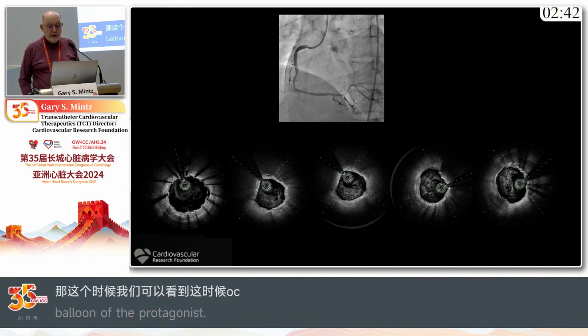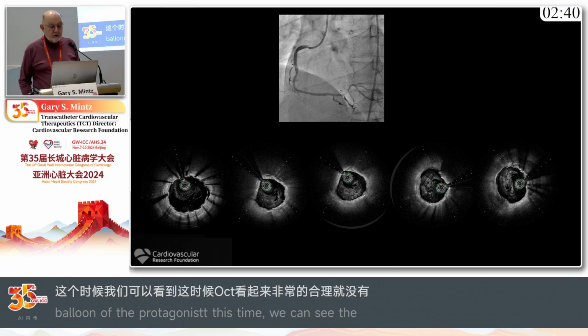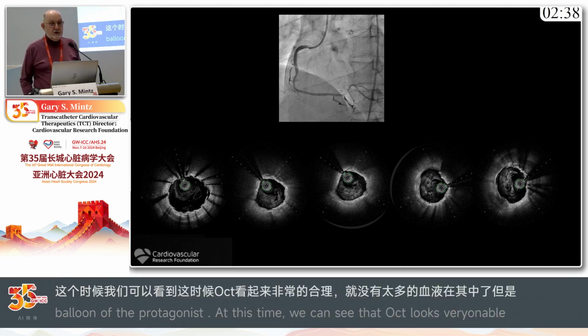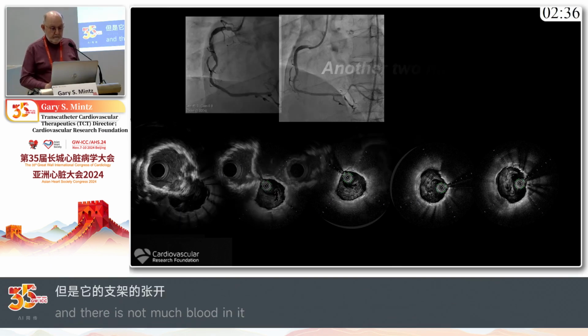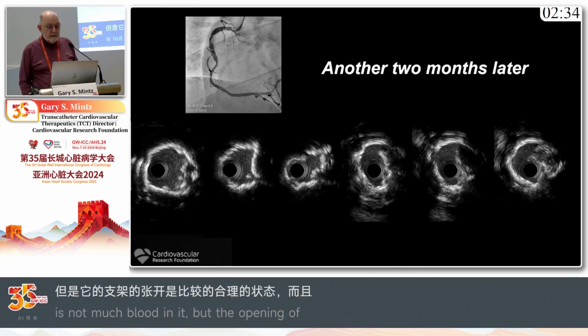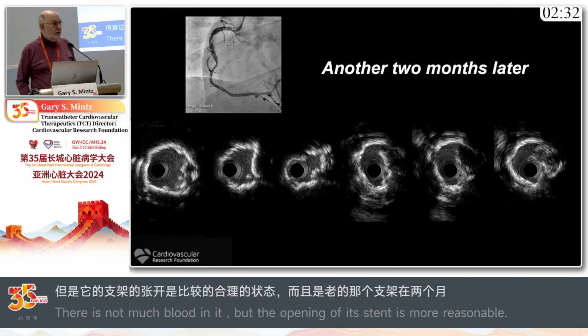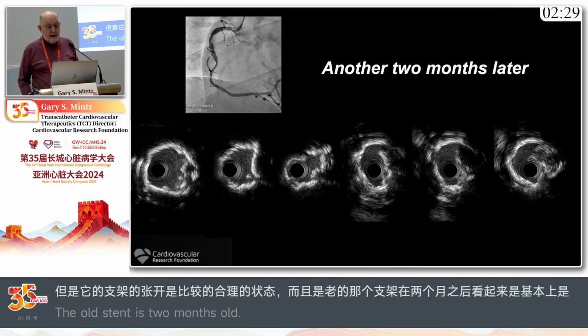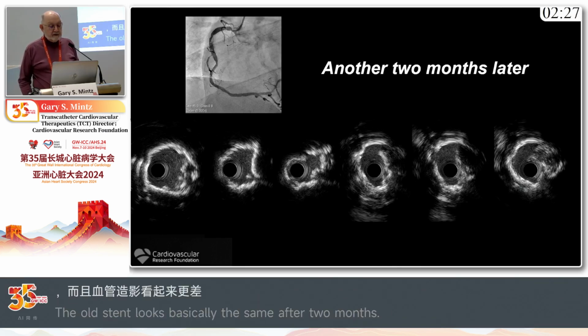There's a lot of blood in it, but the stent expansion, or the old stent expansion, is reasonable. 2 months later, it looks identical, and then the angiogram is in fact worse, and by IVUS, the length of the eruptive calcified nodule is much longer.